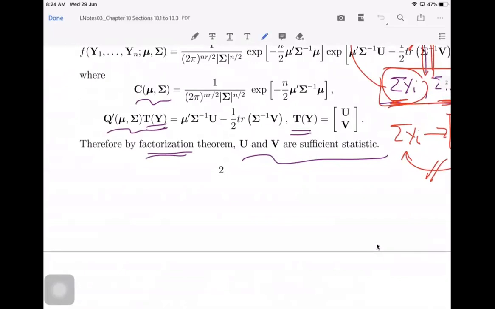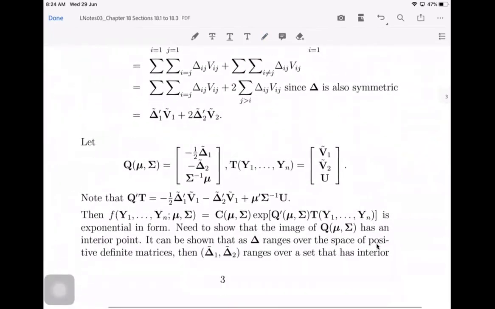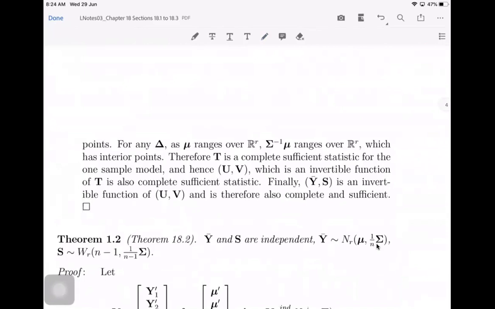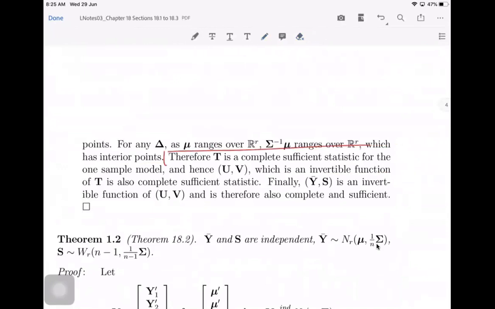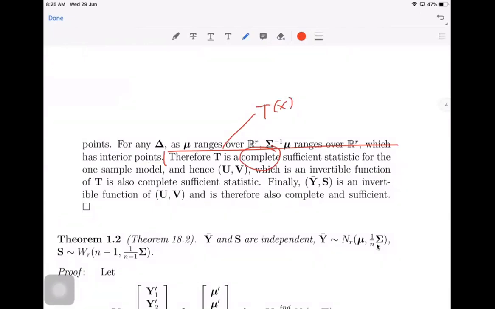So here we concluded that U and V are sufficient stats, and then after completing the completeness proof, this is what I was telling you about this morning. Therefore, after the proof of completeness, T of X will be a sufficient stat for the one sample model, and hence UV, since it is an invertible function of T. So you can get T from U and V, and you can also get U and V from T. Did you understand?